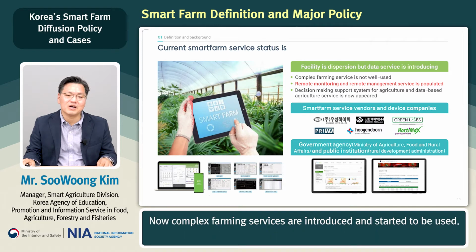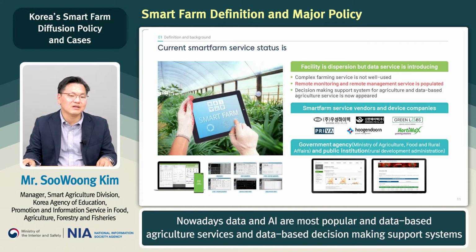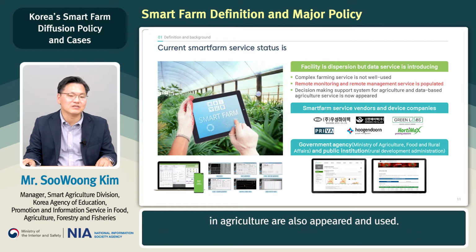Now complex farming services are introduced and started to be used. Nowadays, data and AI are most popular, and data-based agricultural services and data-based disease-making support systems have also appeared and are used.